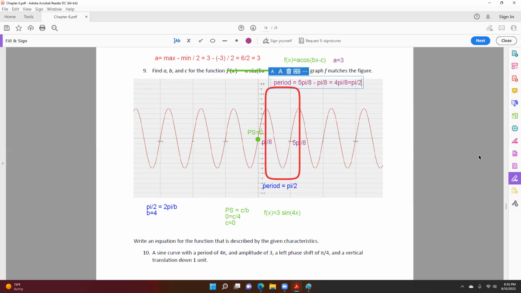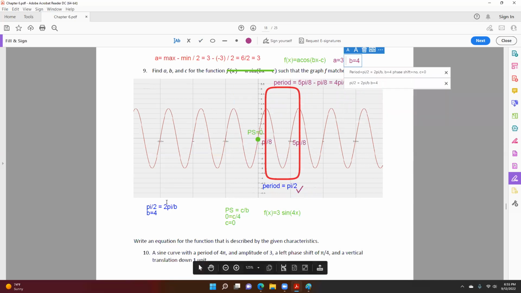So you notice that no matter where you move your box, if you have the same graph, your period stays the same. Since your period is the same, then your B is also going to be 4, which is right here. So this is exactly how we figure out your B in this case.